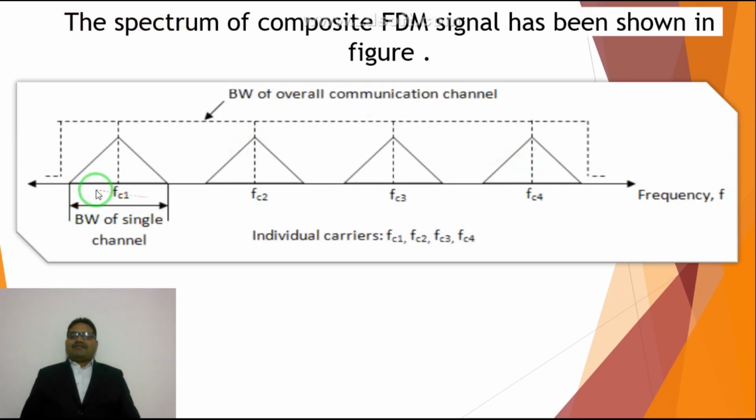So this is the bandwidth of a single channel, and this is the bandwidth of what? The overall communication channel. You can see from this figure how the spacing has been introduced. This is called a guard band. We are not going to overlap channel 1 and channel 2 because information might get lost. So it is better to introduce some gap between these two channels.